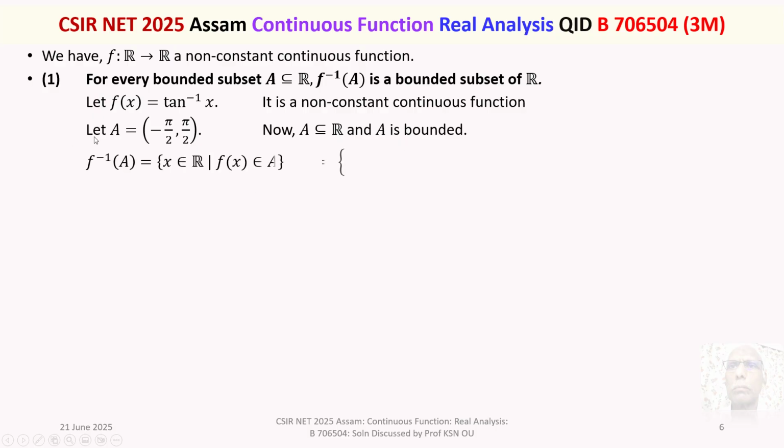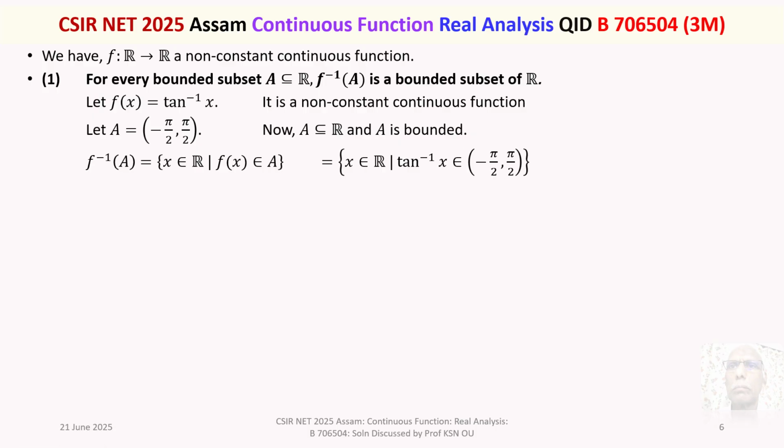Now go to f inverse of A. What is f inverse of A? It is a set of all those x belongs to R such that f of x belongs to A. That is, it is a set of all x belongs to R such that f of x, which is tan inverse x, belongs to the open interval minus pi by 2 to plus pi by 2. What are those x for which tan inverse x belongs to this open interval?